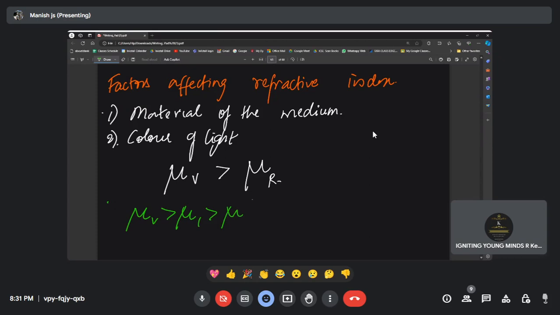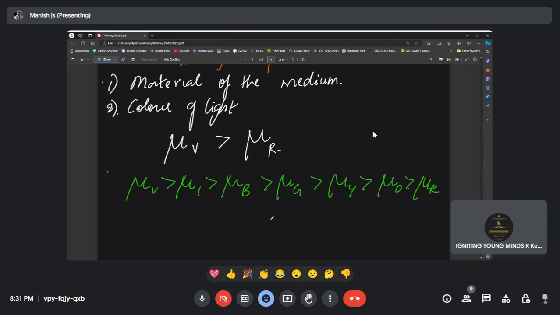Greater than blue and green. Okay, and then you have yellow, orange, and red. Okay, this is the order of refractive index for different colors of light.